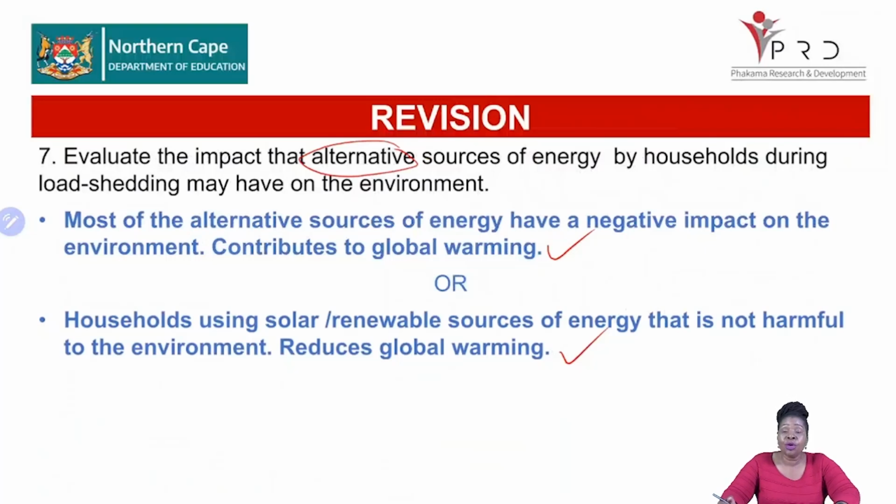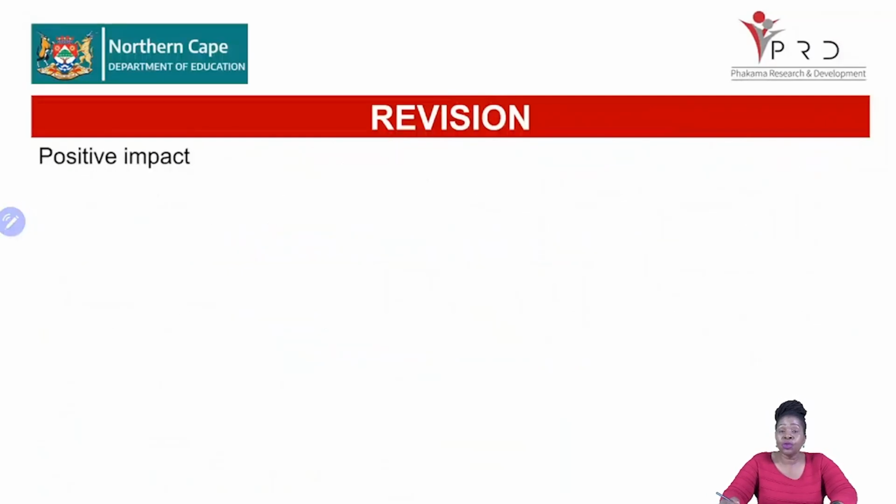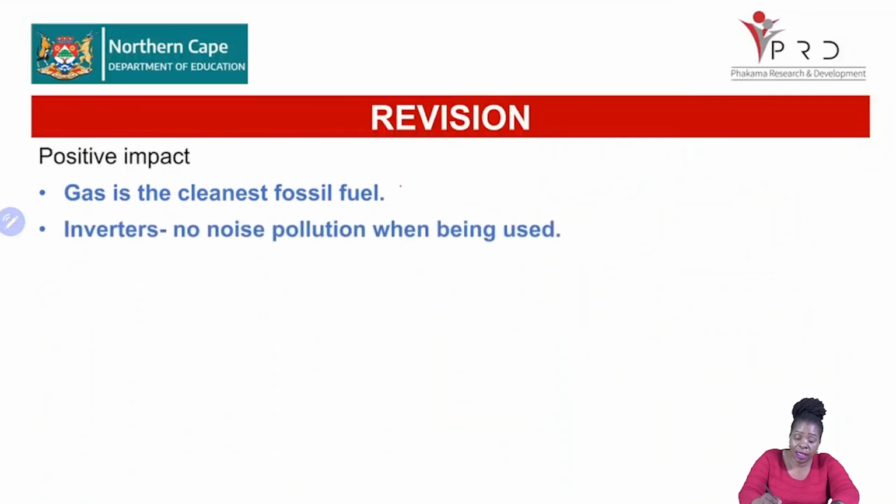So we want to look at the impact of those that have a negative impact and also those sources that do not have a negative impact on the environment, right? And then we move on to those that have a positive impact. Gas is the cleanest fossil fuel, that is for those that are using gas. And then inverters also have no noise pollution when they are being used.